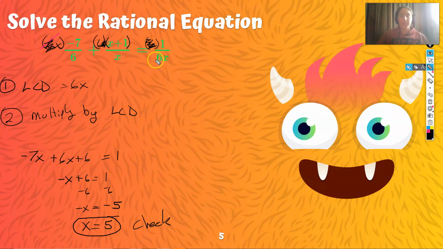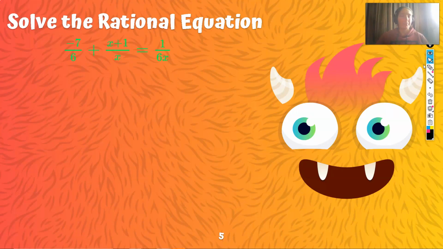Any number is fine as long as it's not 0. As soon as I put that value in and it makes a 0, then that's bad. Then we have to chuck that solution because it's no good. And if that's our only solution, then the answer to our equation would just be no solution. So you always have to check because you can't sub in anything that could possibly make our denominator 0. It will cause a singularity, which in turn will cause a black hole, and it's just all bad.